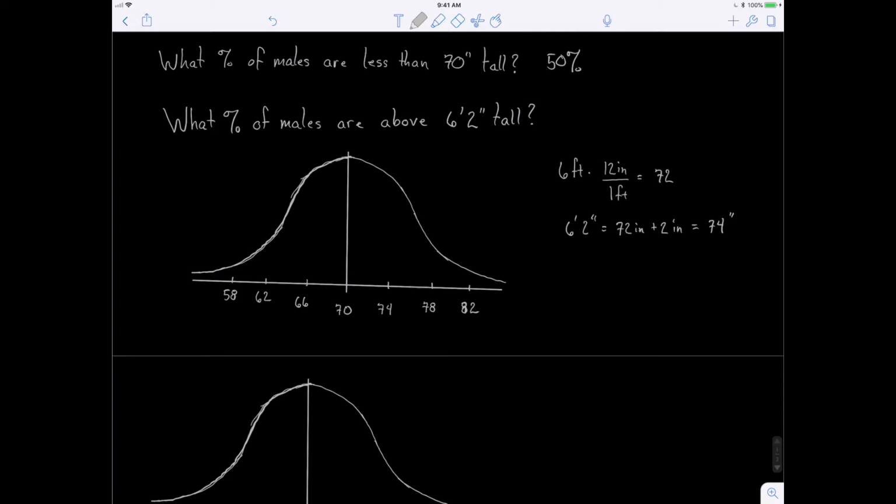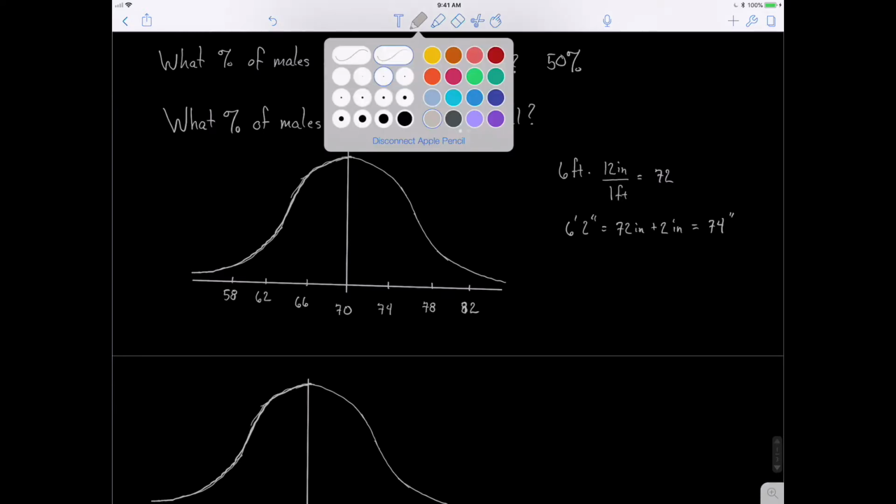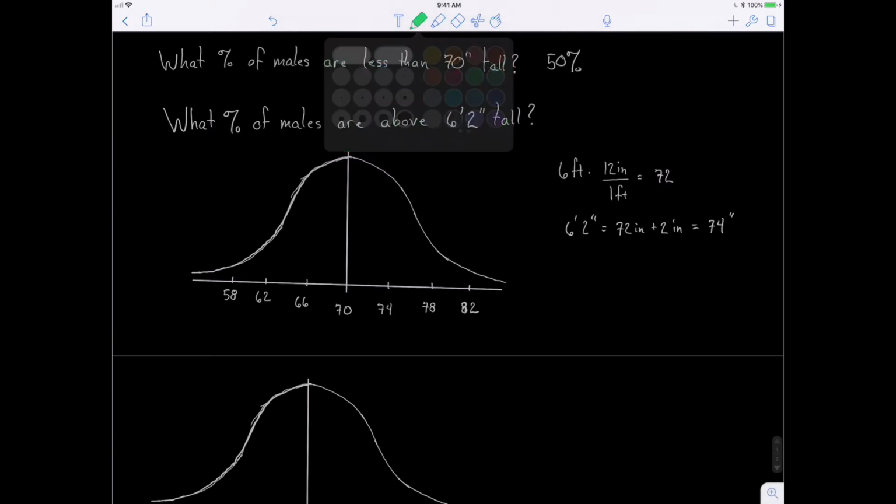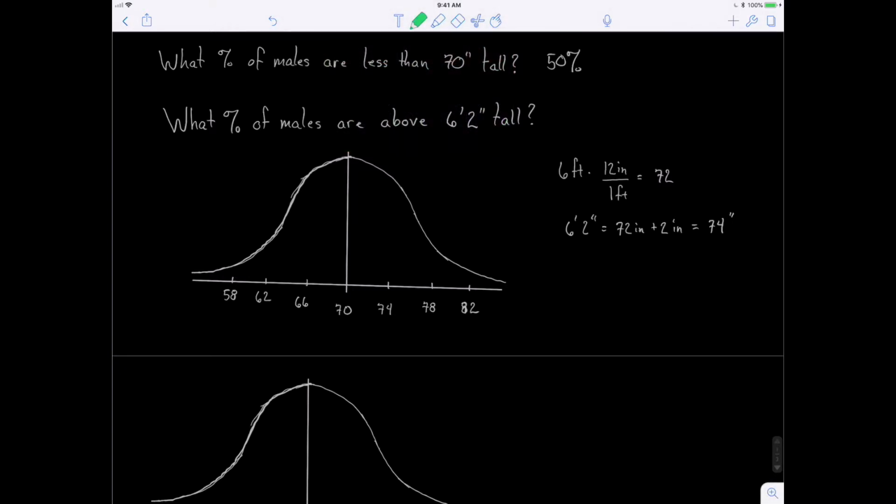So that's a fairly tall person. Okay, now let's see. Do we have a, look at that. There happens to be a 74 in our picture. So let's take a look at 74. So if I draw a line above 74, what I want now is all of the people that are above 74, that's this entire region here.